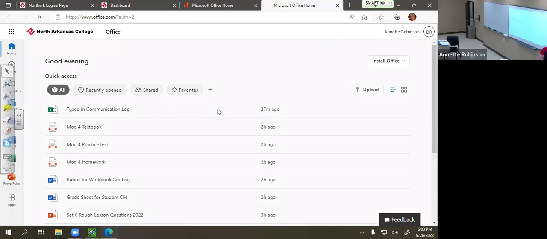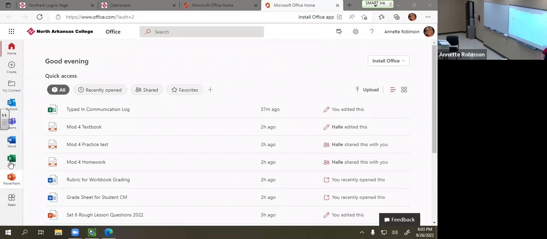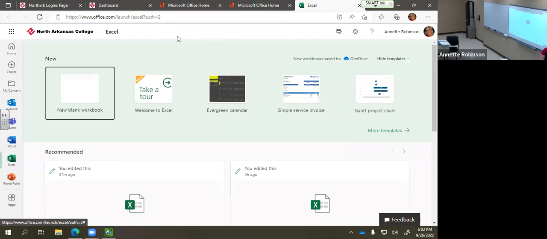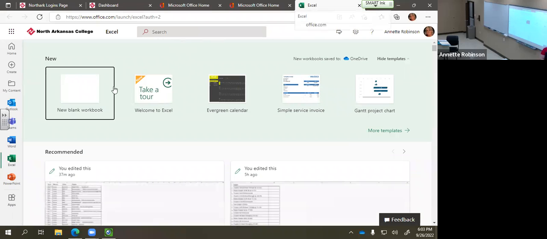So I'm going to it. And if you'll notice over here, it's got Excel. So all of you have access to Excel. So I'm going to open that up in a new tab to work with. I think I've got Microsoft Office open too many times, but I'm not going to worry about it right now. All right. We are going to do a new blank workbook.